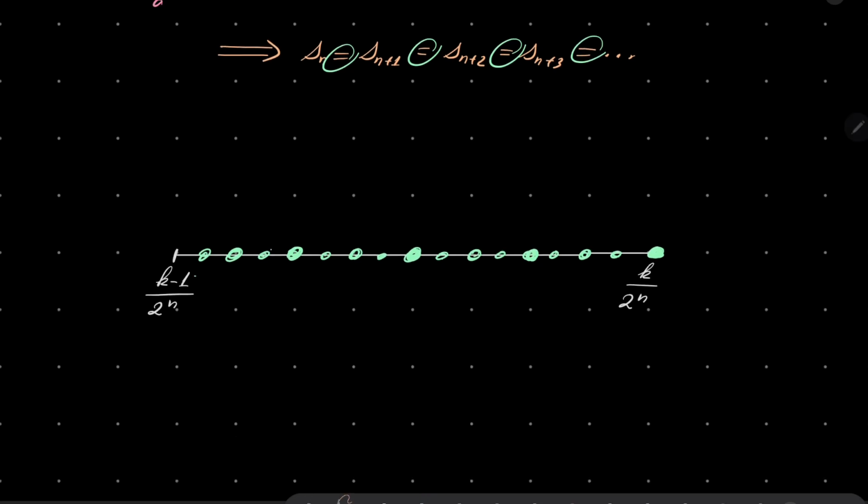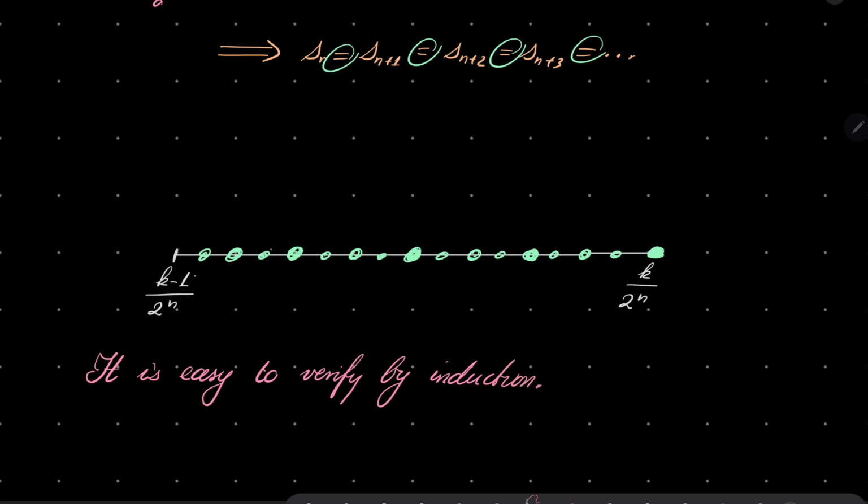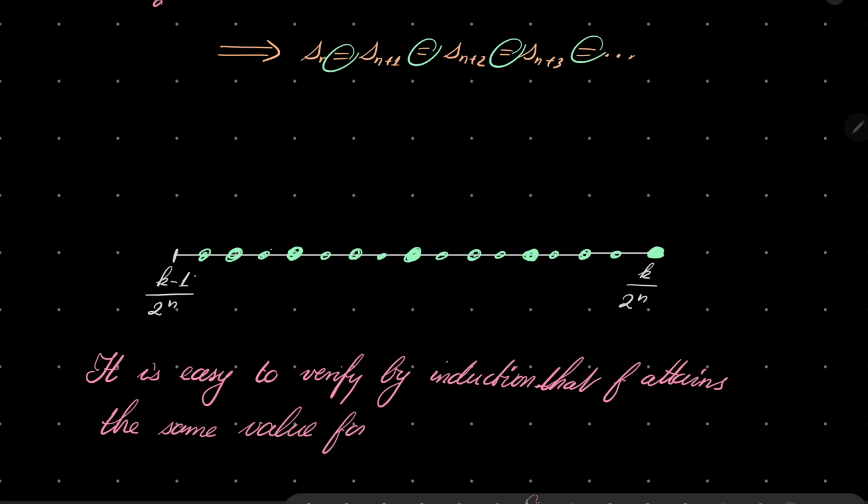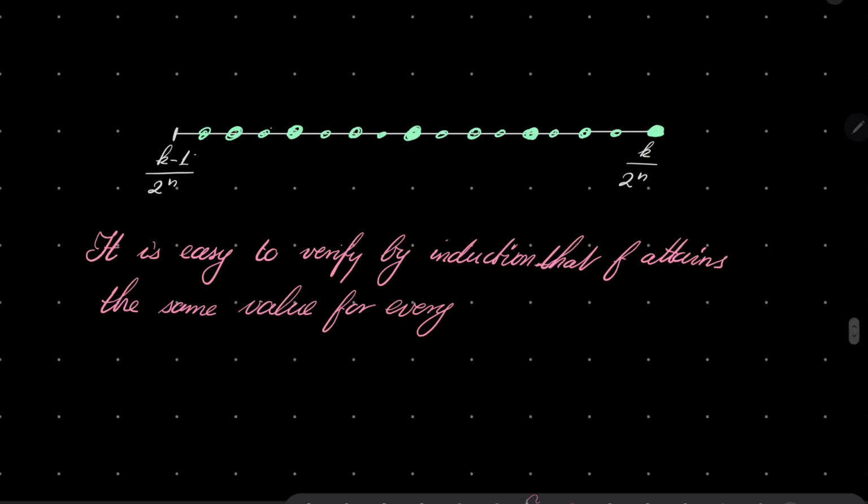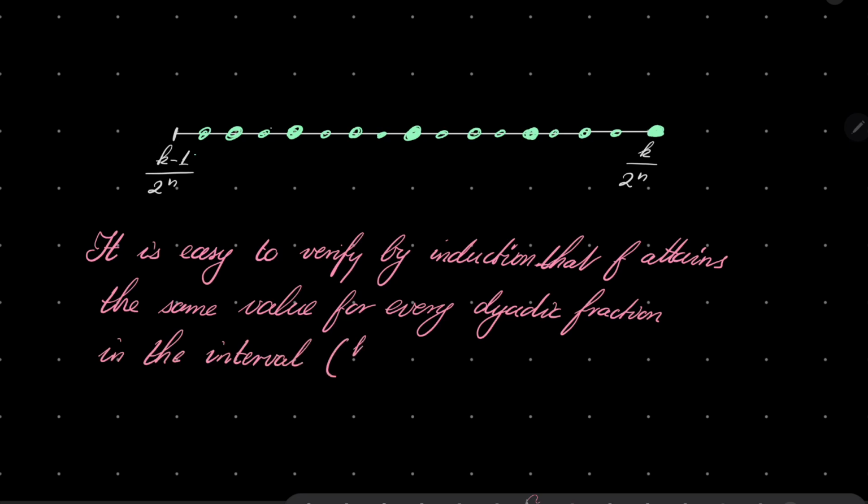So our function, it is easy to verify by induction that f attains the same value for every dyadic fraction in the interval from k minus 1 over 2 to the power of n, open, to k over 2 to the power of n, closed.